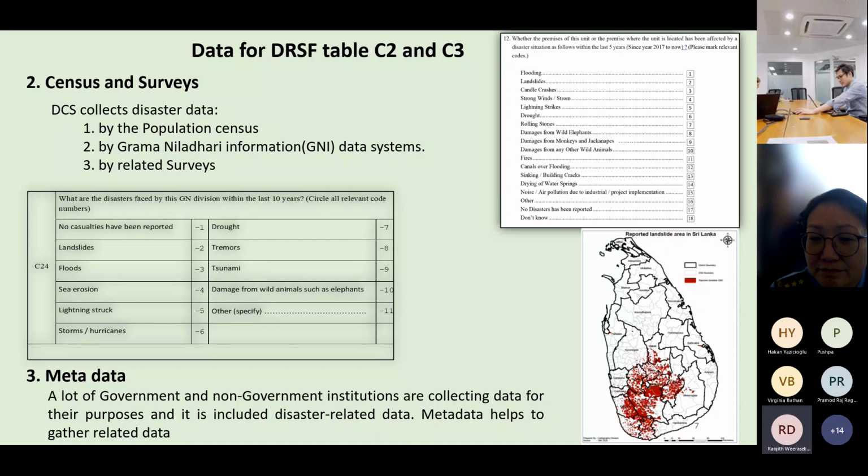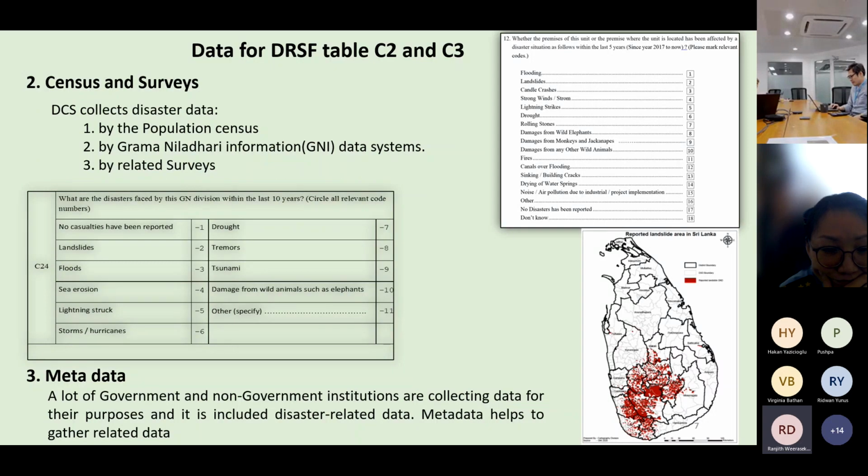Thank you. Now, in addition to DMC, NDRSC, and NBRO data sources, we can collect data using census and surveys.